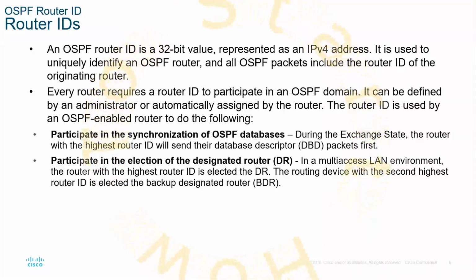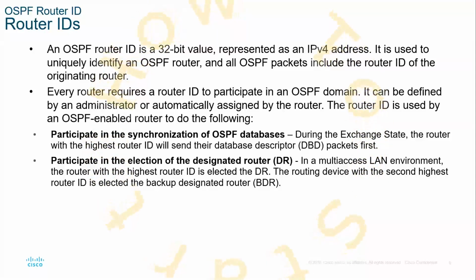Also, the ID allows the router to participate in the election of a designated router. If we're assuming a multi-access LAN environment, multi-router environment, the router with the highest router ID will be elected the designated router. The one with the second highest ID will be the backup router.